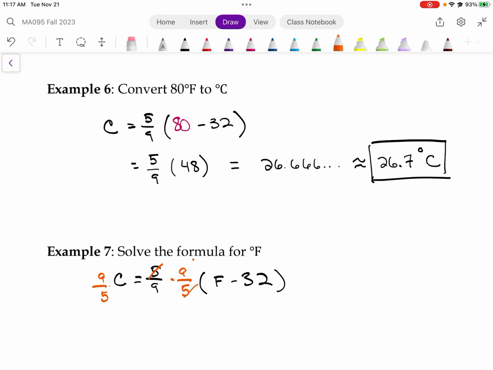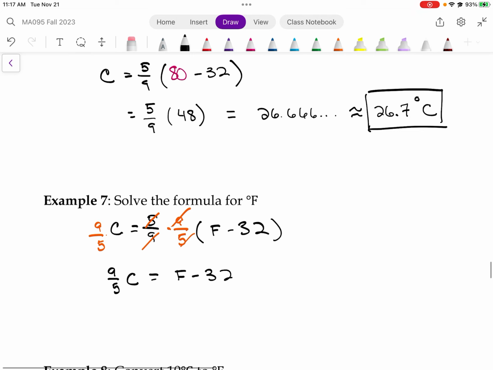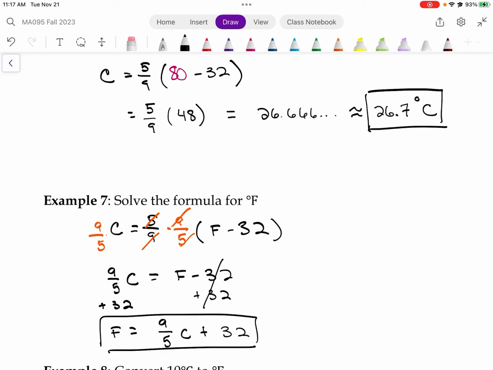And that's going to cancel the 5 and the 9. So I've got 9/5 C equals F minus 32. And now all I have to do is add 32. So I get F equals 9/5 C plus 32.